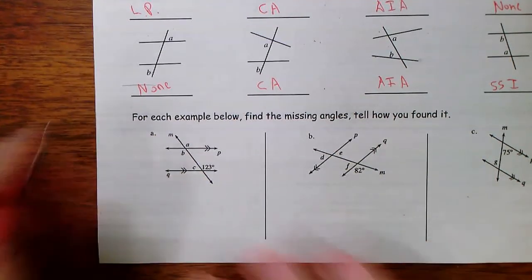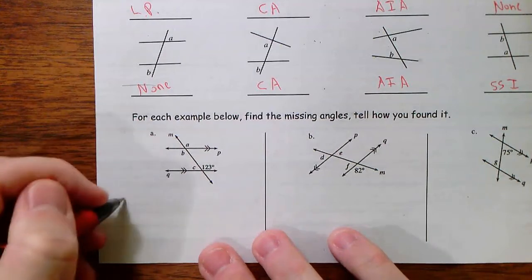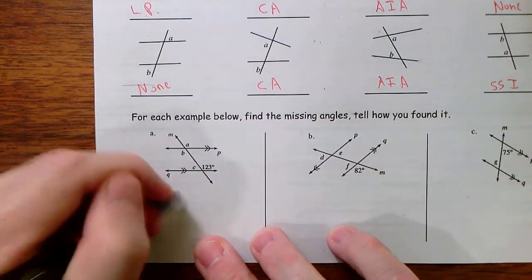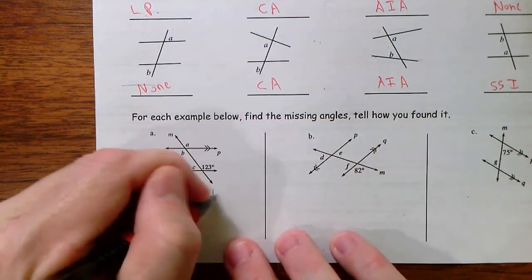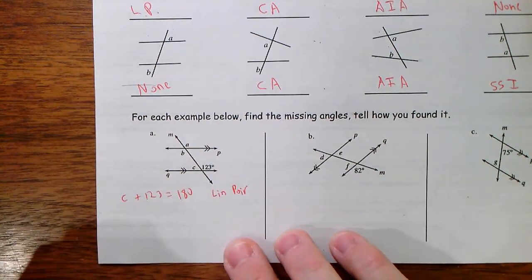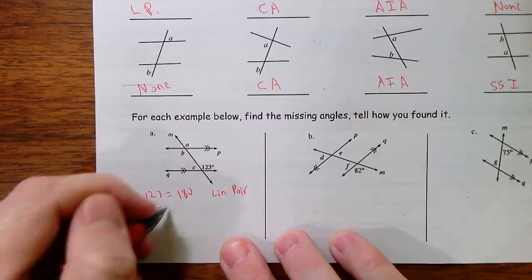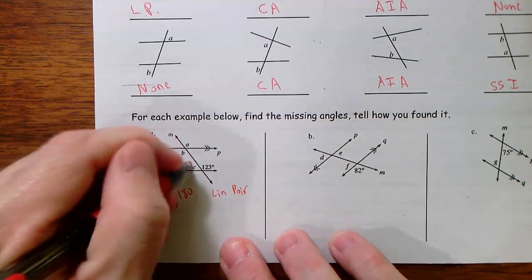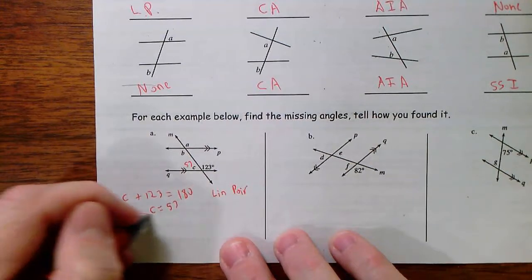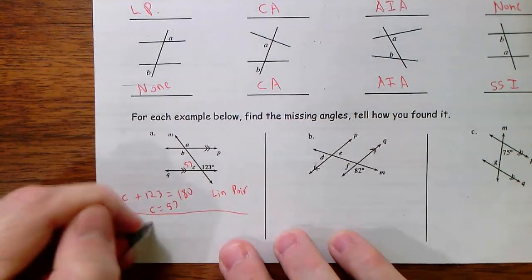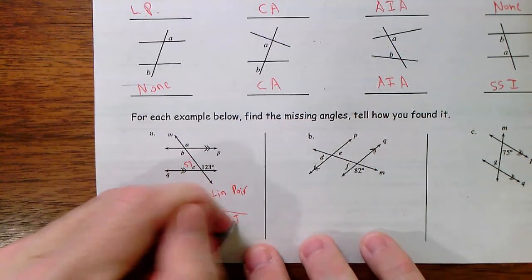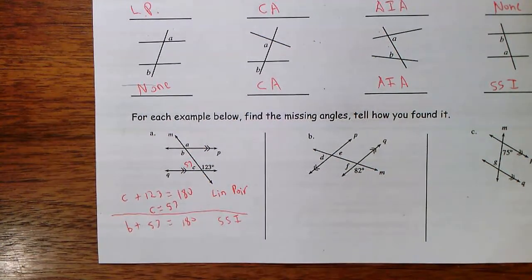And I will tell you how I would do this. I would say that C plus 123 equals 180 because they make a linear pair. So that means that C equals 57. Then I would say B plus 57 equals 180 because those two are same side interior.